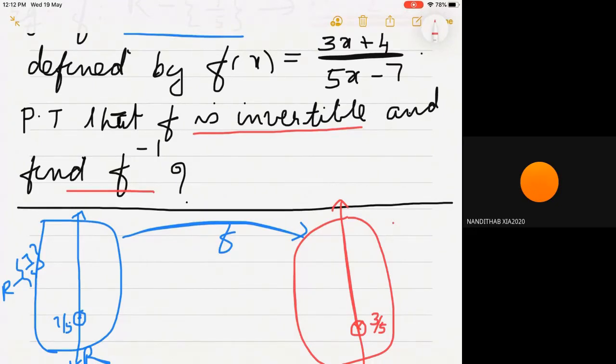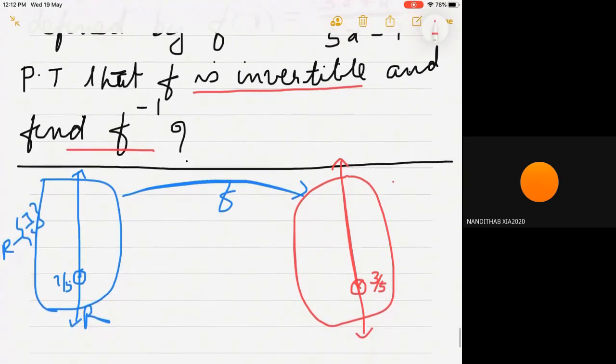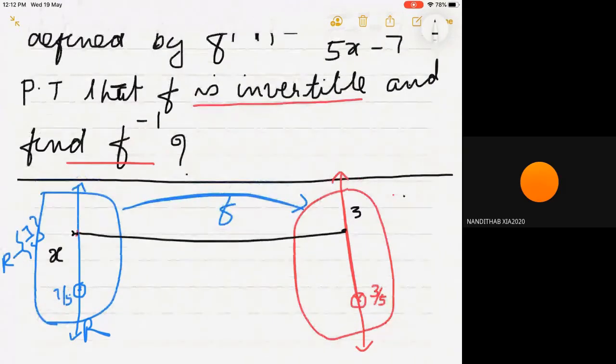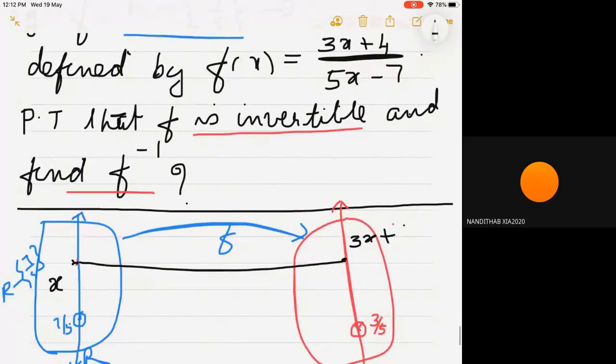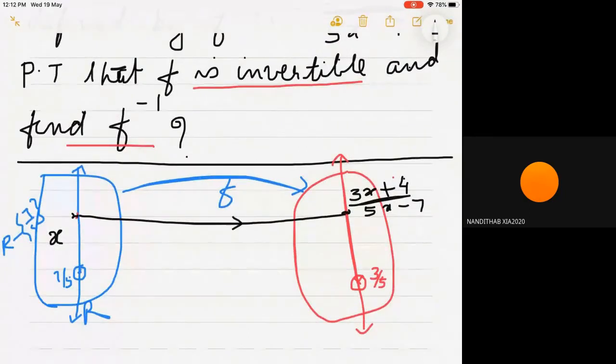Now, what is the procedure for showing f is 1-1? Let us just recollect what you have learned in the previous class. Here is your x and its image is given as (3x plus 4) by (5x minus 7). You have to prove that this function is 1-1.